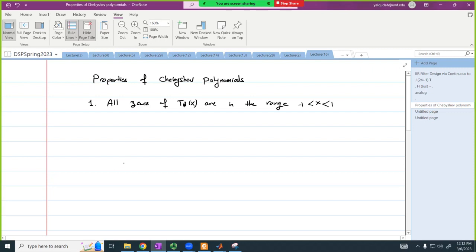All the zeros of these polynomials are going to be when x is between -1 and 1. The second property: Tn of x is equal to Tn of -x if n is even, and Tn of x is equal to negative Tn of -x if n is odd.